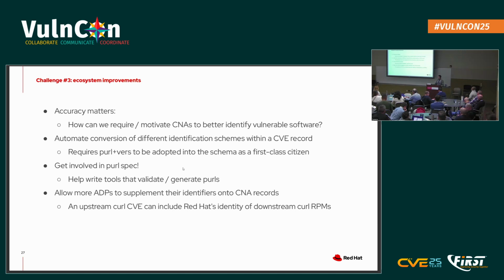So if I, as an ADP acting on behalf of Red Hat, can add my information about Red Hat specific RPMs to something that was released by the curl CNA, then the link exists from the upstream curl to the curl RPM within a Red Hat product, right? If every CNA does this, then we have a single source of truth that tells you everything you need to know about the vulnerability and its downstream effectiveness, not just the upstream one.